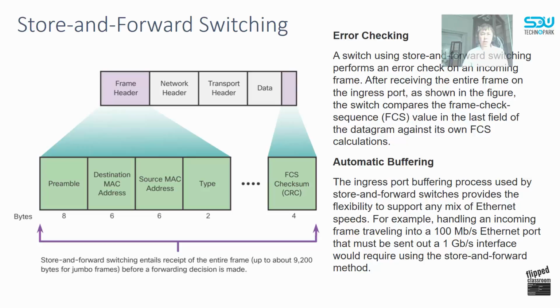In case you have a jumbo frame, its size can be more than the Ethernet MTU, which is 1500 bytes. A jumbo frame can be 9000 up to 9200 bytes. If the switch is receiving a jumbo frame, it has to store this frame in the buffer memory to check the CRC value before it can make the switching.